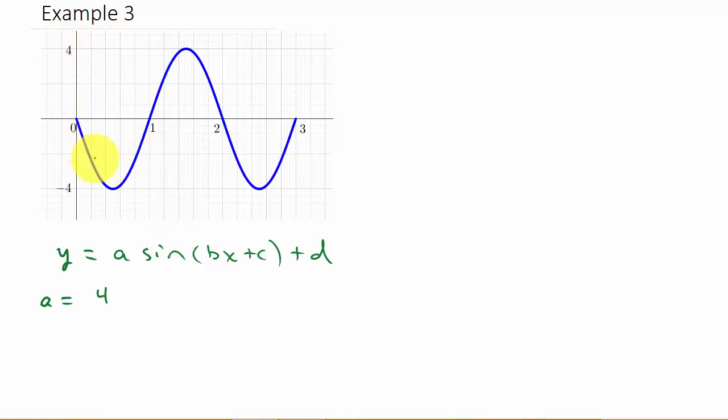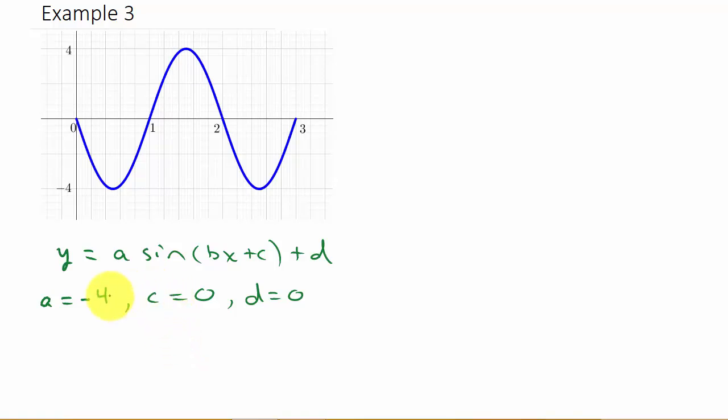But since it's reflected about the x-axis, a is negative 4. There's no horizontal shift, so c is equal to 0. And there's no vertical shift, so d is equal to 0. Now we have to figure out what b is.